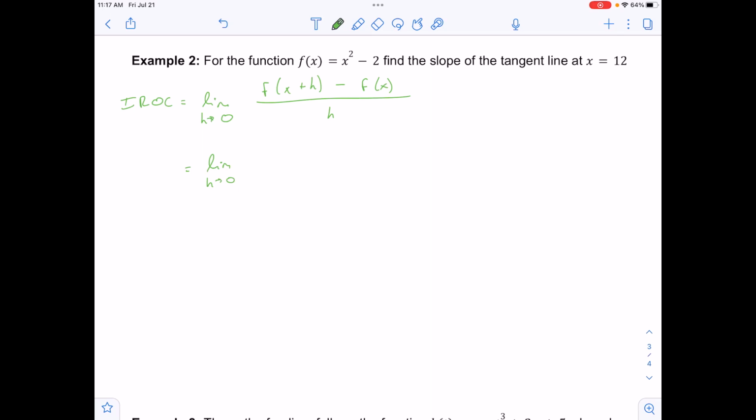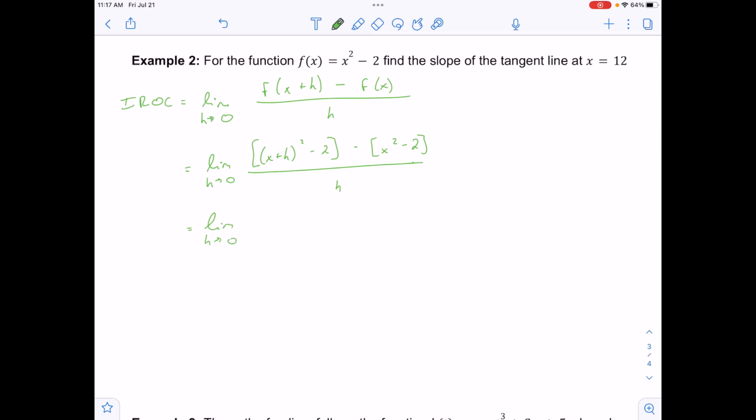So my function here is x squared minus 2, and I'm just going to sub in x plus h for the x. And then I'm subtracting my original function, all over h. I'm going to go ahead and expand here.